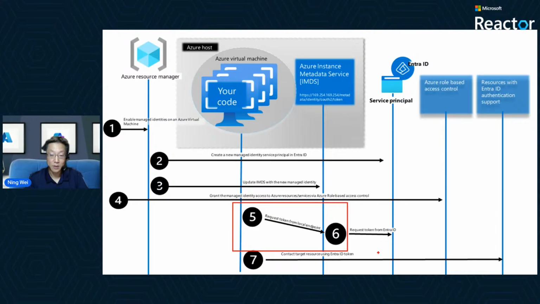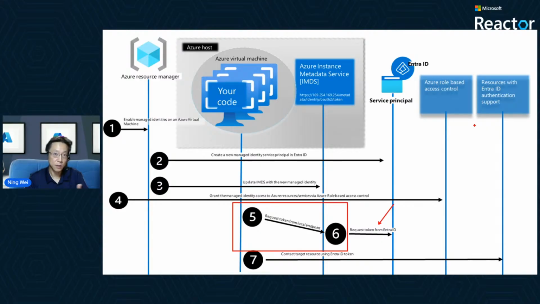During that process, step 6, the IMDS service supplies the credential which it has been keeping track of. It completes the authentication process with Entra ID, acquires the access token, and returns the token back to your virtual machine. Your virtual machine can then use that token to access the backend service, which could be a storage, a database, or any other service.